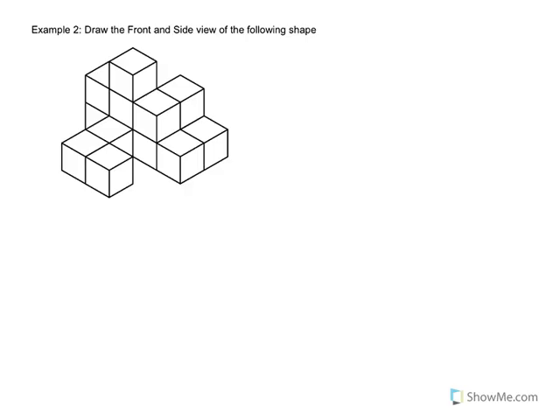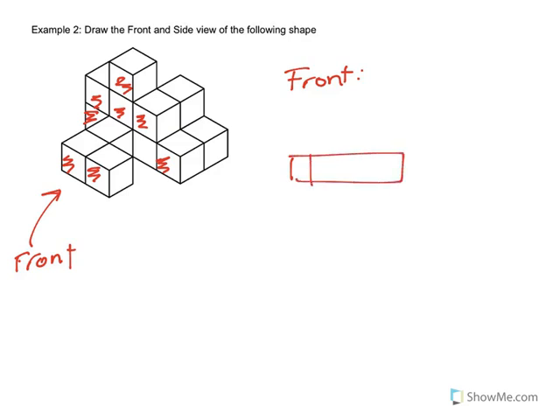Okay, another type of question that you're going to have to do is: let's draw the front and side view. For this type of question, we can't always tell all of the views, but we can tell the front for this one. So this would be this side, this side, this side. We would see all of these. So the front view would be 4 on the bottom. It does not have to be to scale. 4 on the bottom, 3 starting here, and then 1 in the middle.